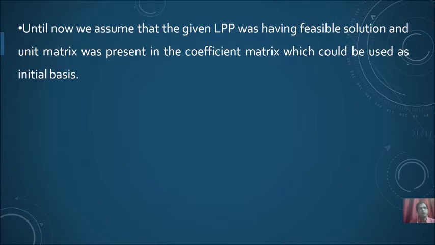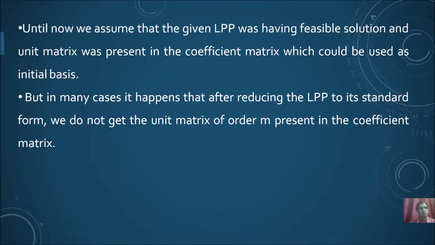Now, until now, we have assumed that the given LPP was having a feasible solution and a unit matrix was present in the coefficient matrix, which could be used as the initial basis. But in many cases, it happens that after reducing the LPP to its standard form, we do not get the unit matrix of order m present in the coefficient matrix.